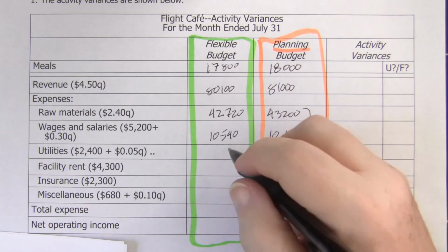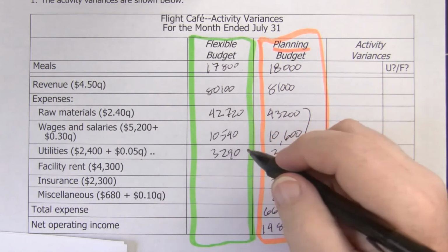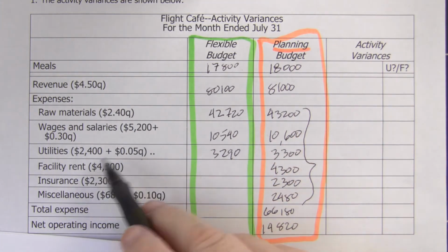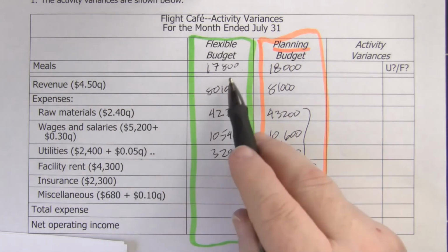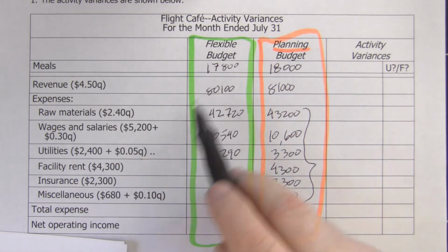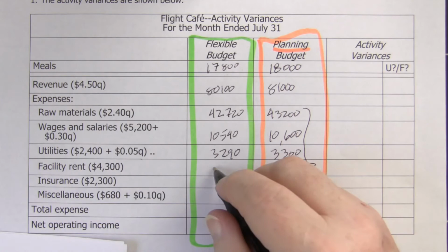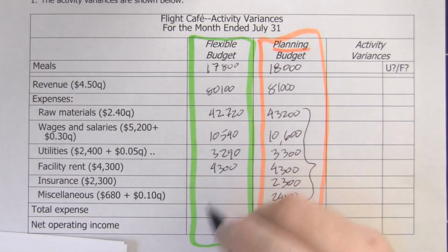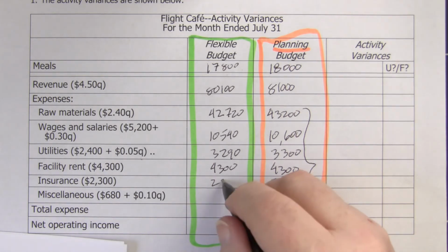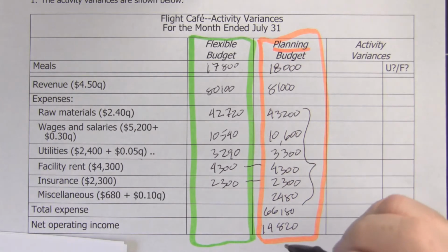Our utilities, 3,290. You see how I'm getting those. I'm simply taking the 2,400 plus 5 cents times the 17,800. The facility rent is fixed, 4,300. The insurance is fixed at 2,300. So you would expect these numbers to be exactly the same.